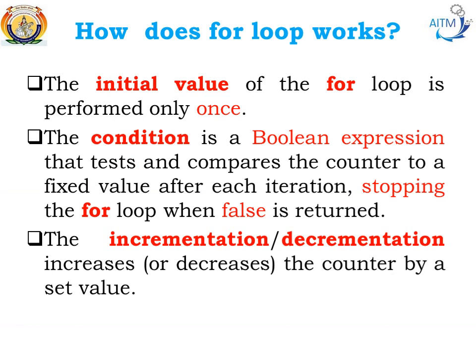So let us understand how does for loop works. So in the syntax we saw a for loop contains three parameters. One is the initial value of the for loop, which is performed only once.